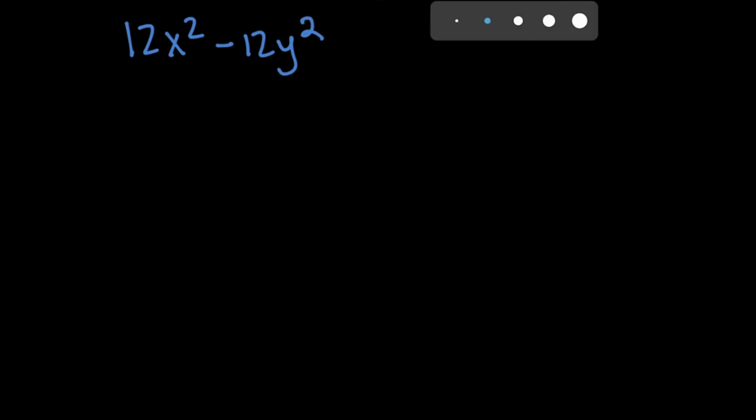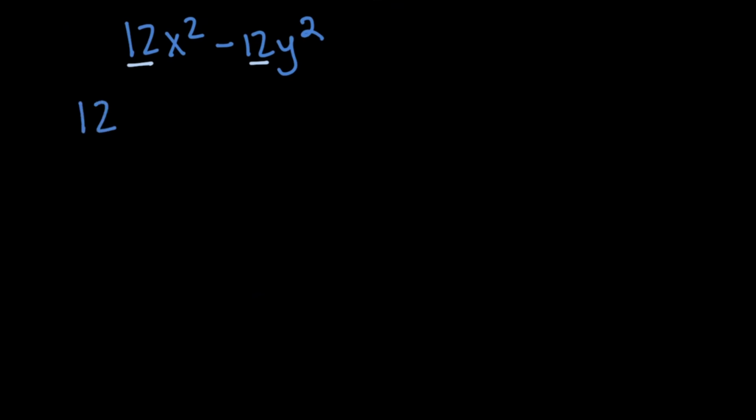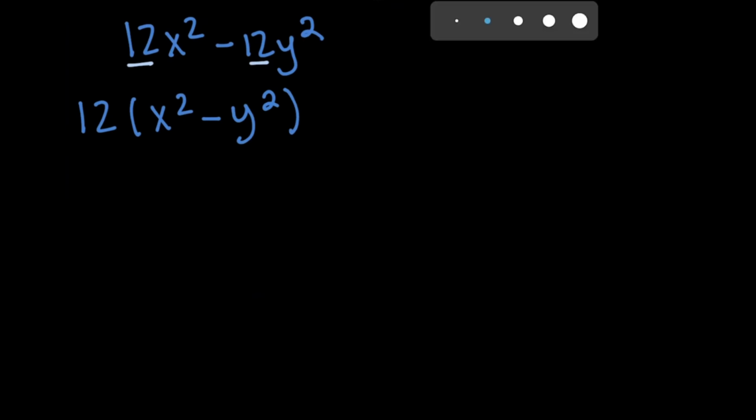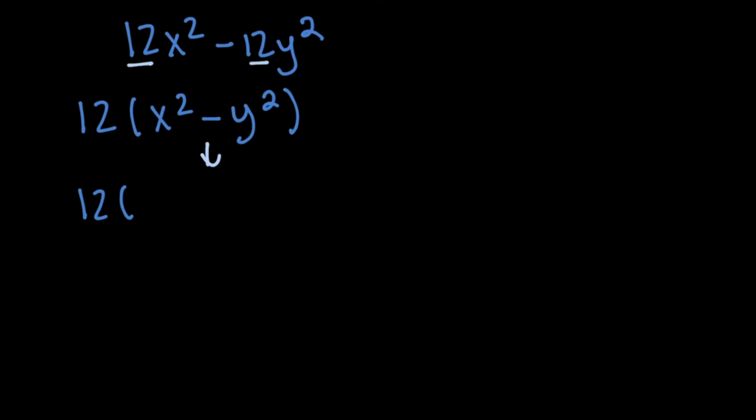Problem number 6 will be 12x squared minus 12y squared. So first thing that we'll notice here is that we can pull out a 12 as a common factor. So we're going to rewrite this as 12 times (x squared minus y squared). And now this y squared might look a little weird, but what we can do is just rewrite this like we did the previous problem in the form of 12 times (x squared plus 0x minus y squared).